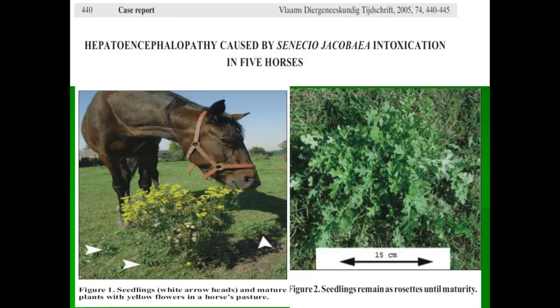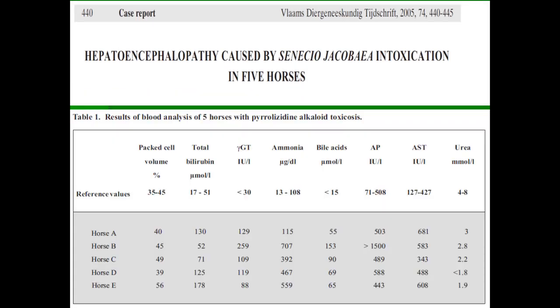So they did a range of laboratory tests that are useful to diagnose pyrrolizidine alkaloid poisoning. The most relevant was probably ammonia, which was very elevated, and as you know, ammonia is produced in the cecum and the colon by bacterial degradation of proteins and amino acids. It then diffuses into the portal circulation and is transported to the liver, where it should be converted to urea.